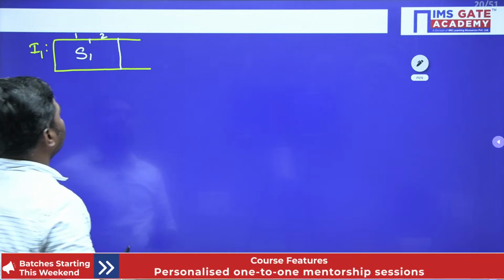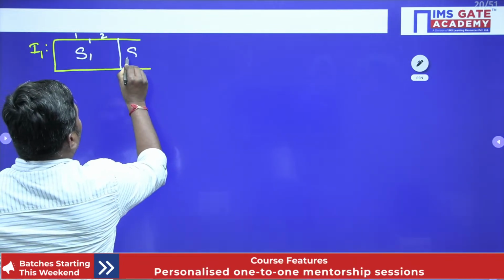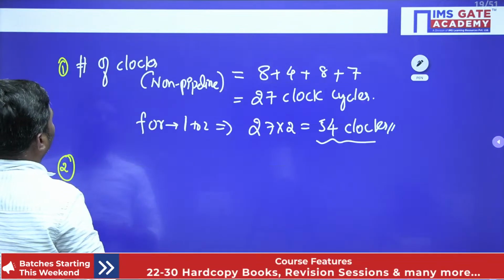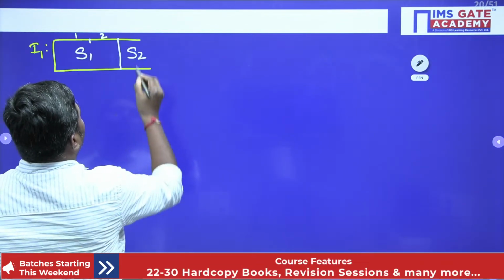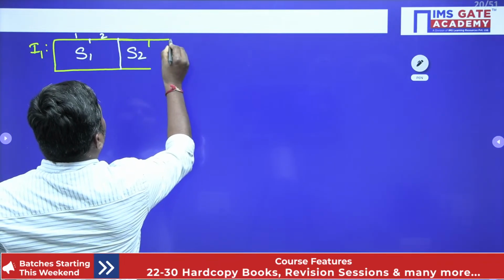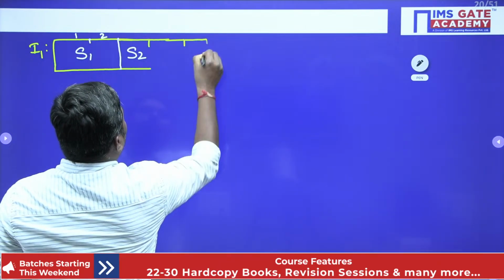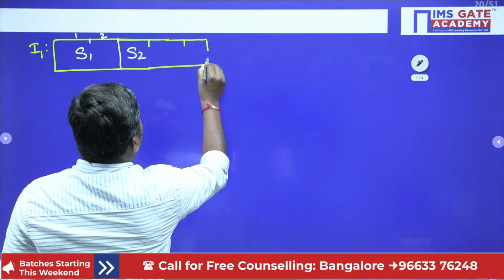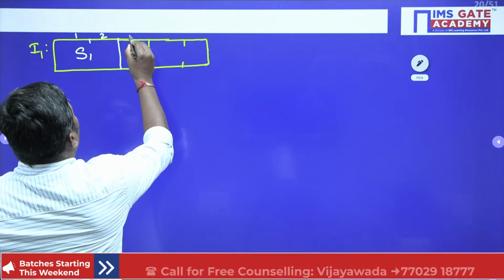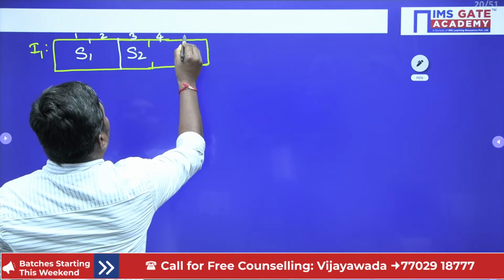Now stage 2 requires how many clock cycles? Instruction 1, stage 2 requires 3 clock cycles. So I am marking now: clock number 3, clock number 4, clock number 5.